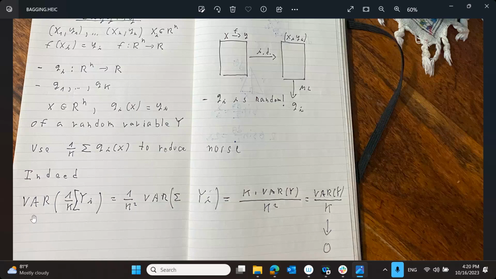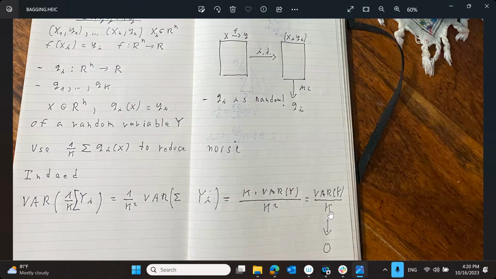The variance is what we are interested in. If you look at the variance of the average, 1/k goes out as a square. Any scalar goes out as a square. And because the measurements are independent, as we mentioned before, it's the sum of the variances. And then that cancels, so you have the variance of the random variable over k.